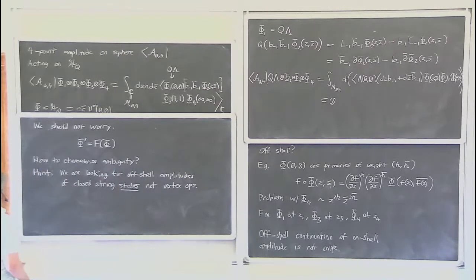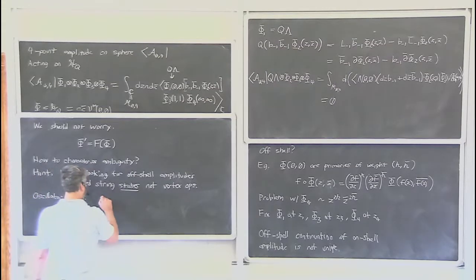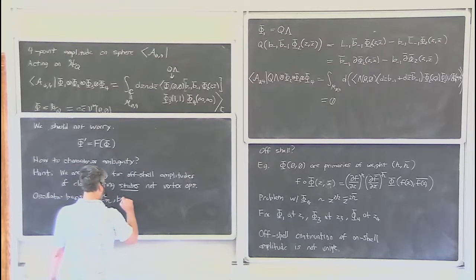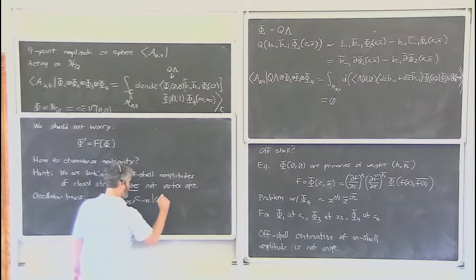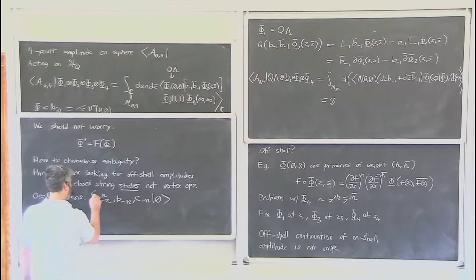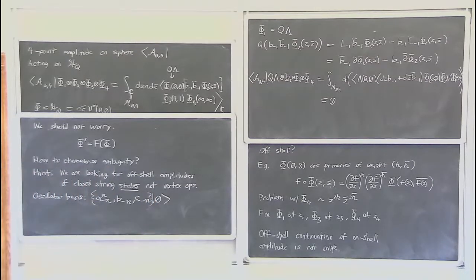So, one way to characterize a state in the CFT is using the oscillator basis, where we act some creation operators on the vacuum. This is often what one imagines when talking about a state.